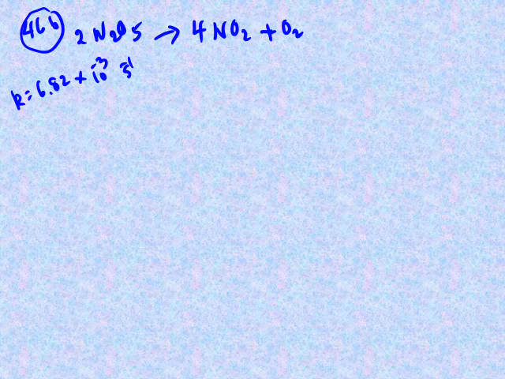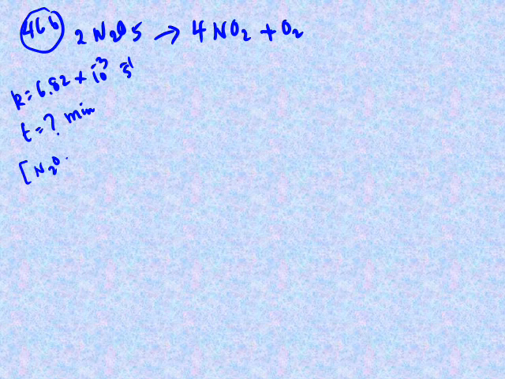Now in part B, you need to find out the time, how many minutes will it take for the quantity of N2O5 to drop. So basically they're asking for the N2O5 to drop to 0.010 mole.